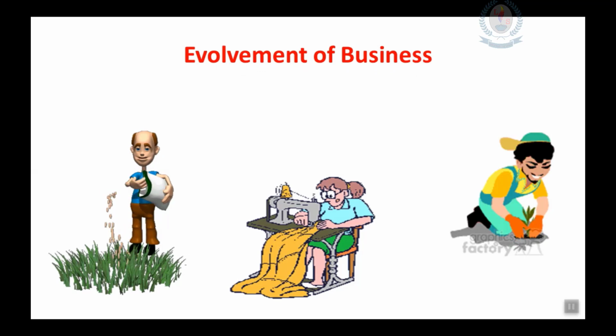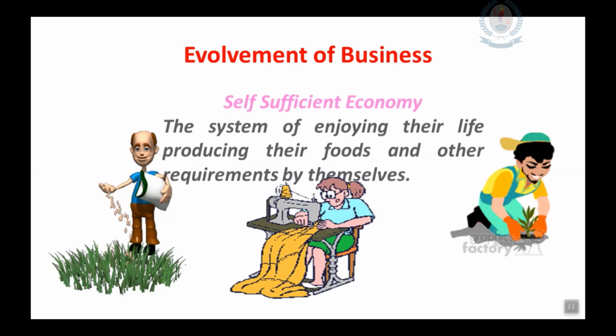Evolvement of business. In ancient times, human beings enjoyed their life producing their food and other requirements by themselves. Growing vegetables for personal use, sewing clothes for the children. They produce what they want.